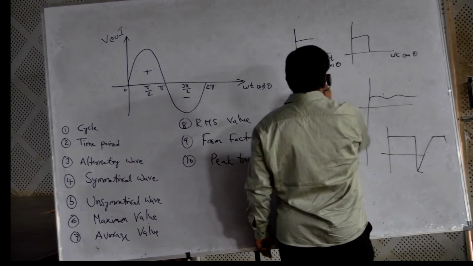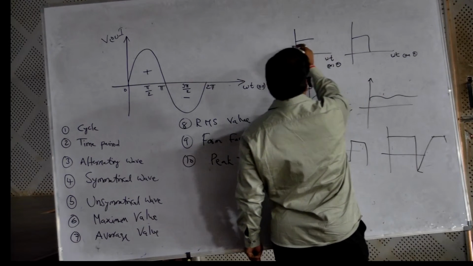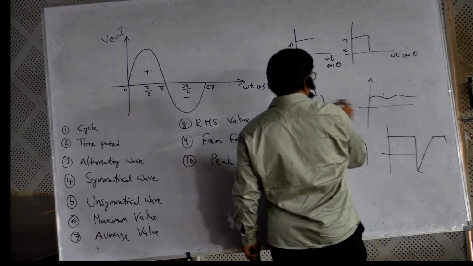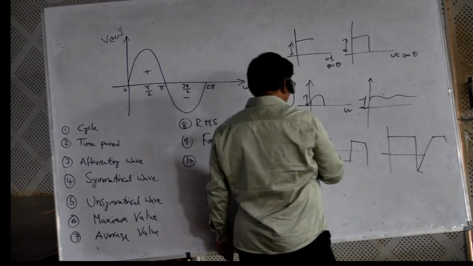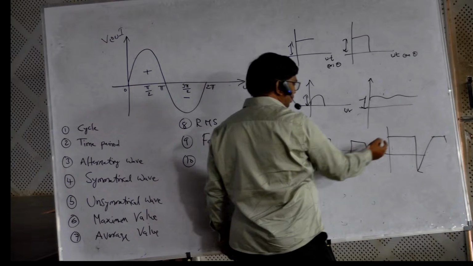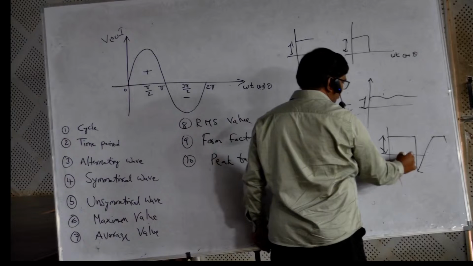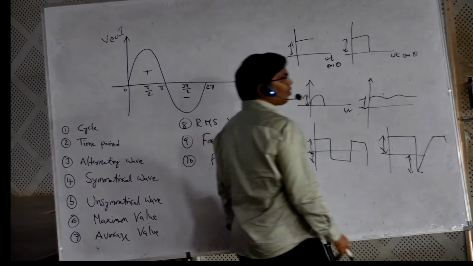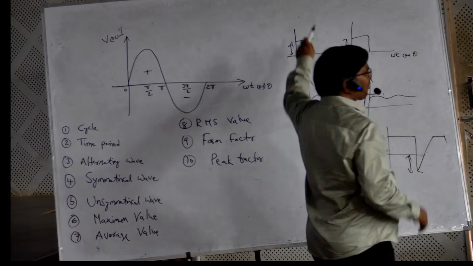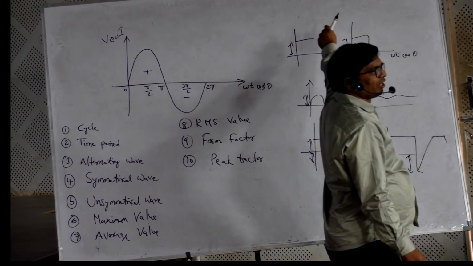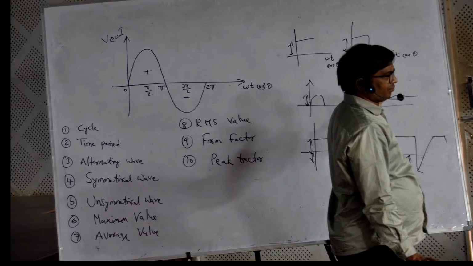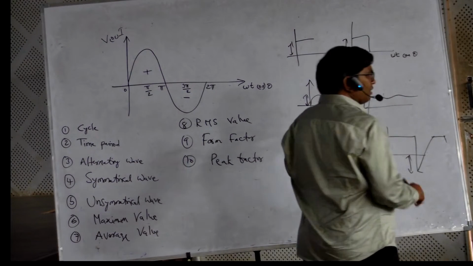The y ordinate is the magnitude, whether positive or negative, no need to worry about this. So wave means the magnitude is on the y-axis and the x-axis is angle or time. This is the general definition of a wave.